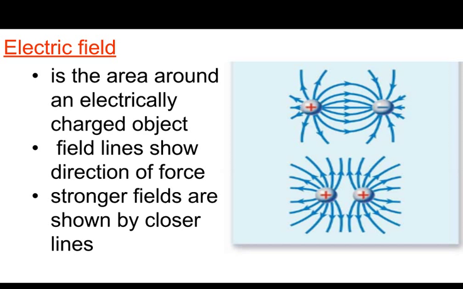The negative ends, that's pulling in. So the force field is pulling inward on the negative end. And if they're stronger, they're drawn closer together. So right here at the charge itself, because those lines are close together, it's stronger. And then as you get further away, the lines are wider, and that means that the force field lessens and lessens.